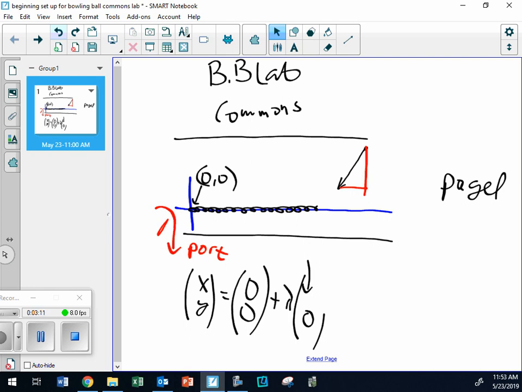Let's say that the speed was 2 meters per second. Where should the ball be at 2 seconds? It should be at 4. Then what number should go there? So what is going on? Should this be a 2?